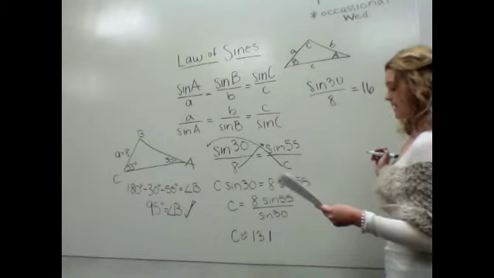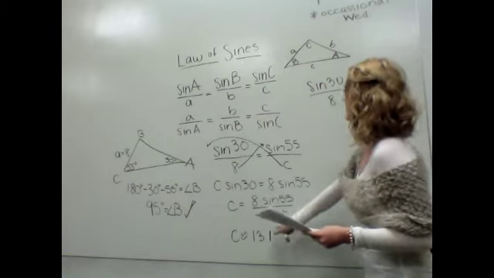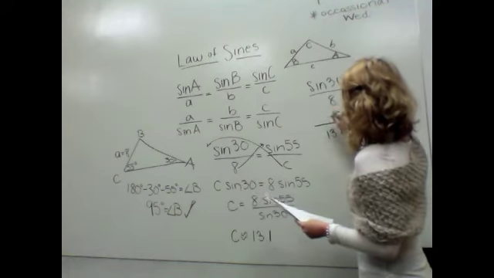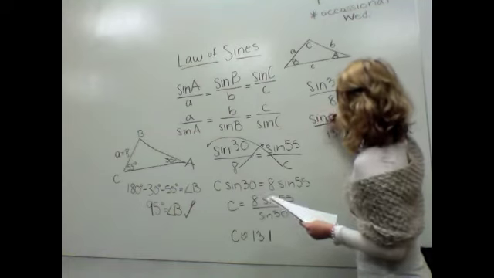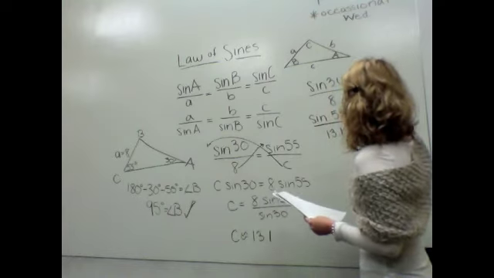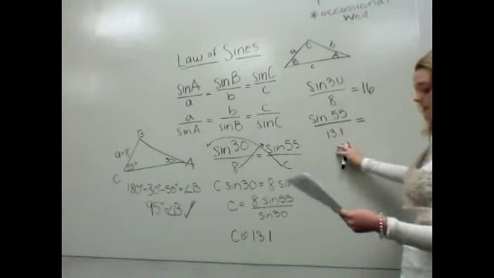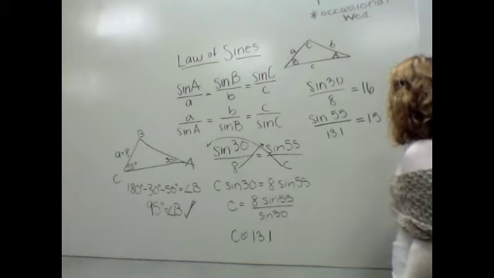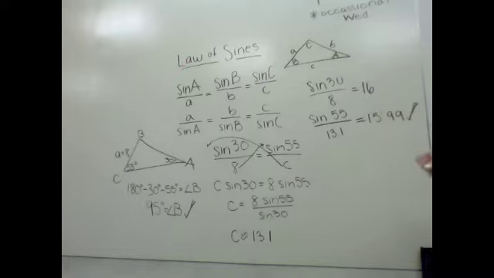So let's plug it back in. Side length of 13.1. Angle C was 55 degrees. Now when I plug this into my calculator, I actually get 15.99, which for me, close enough to 16. I'm pretty content with this ratio. So I know side length C is 13.1.